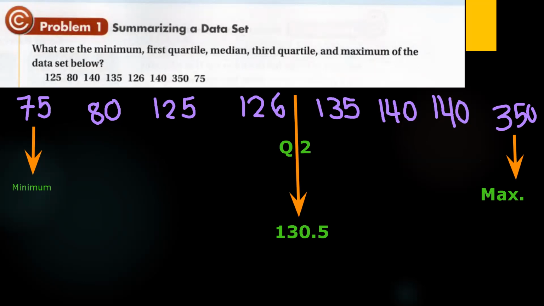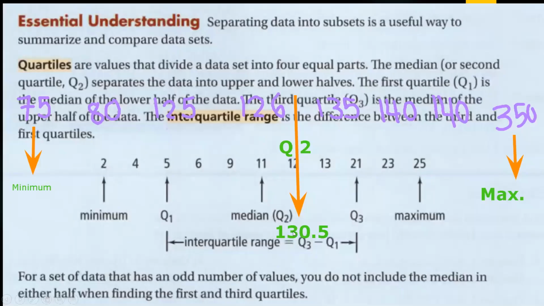Now let's find Q1. Be careful, there are two different cases: if the count is odd and if it is even. If it is odd, it's very easy, like this example here. When I take Q1, you cancel Q2, and then you take the median of the first part.